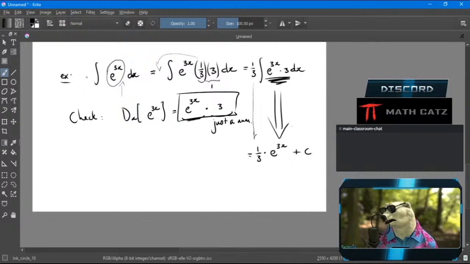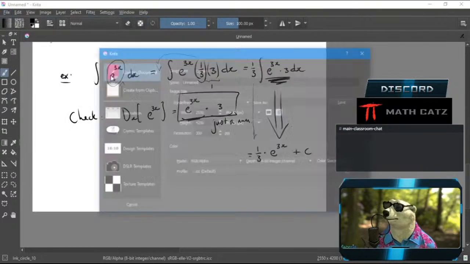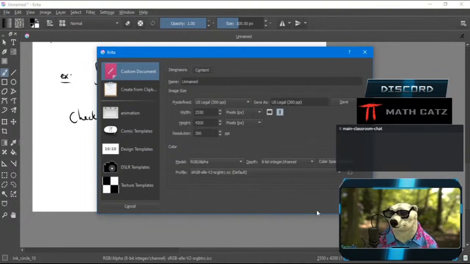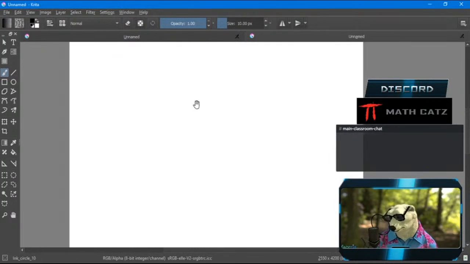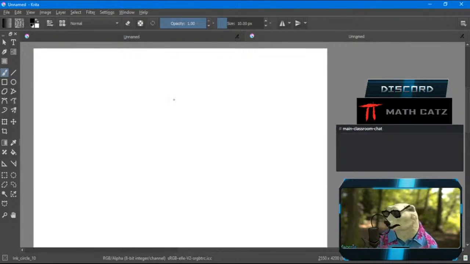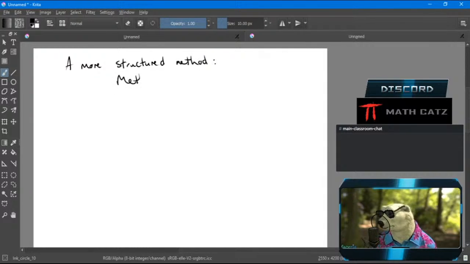So let's make a new page first. A more structured method to handle this is called the method of substitution.